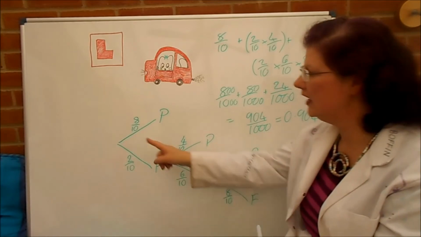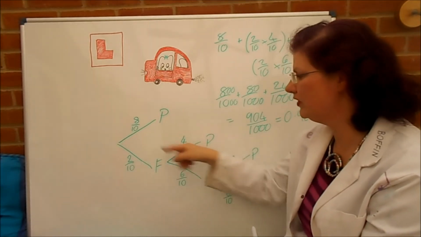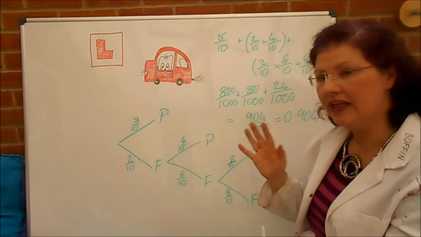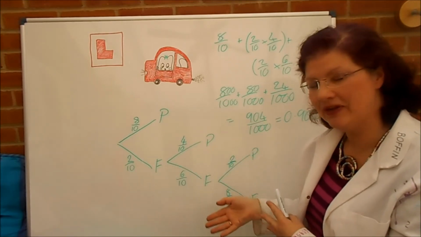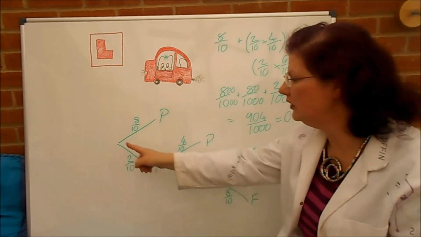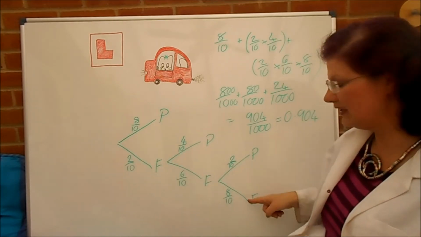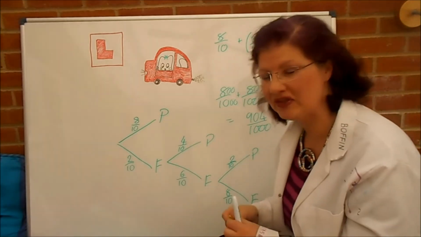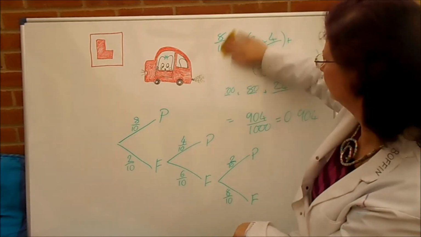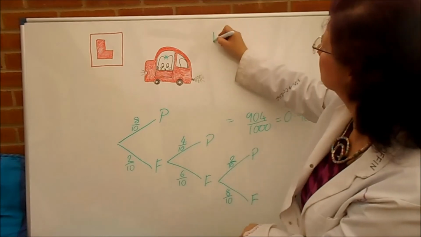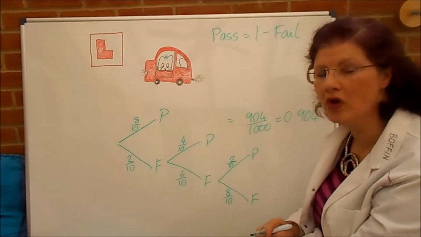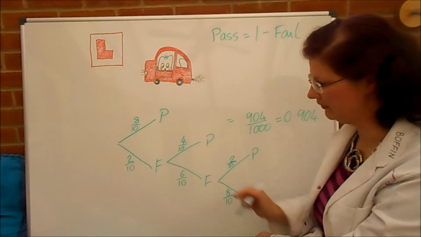That's one way of doing it, by saying it's this route or this route or this route. There is another way. Passing means anything except failing. To fail, you'd need to go fail and fail and fail. So I'm just going to wipe off this top bit and then show you a slightly shorter way of doing it. Okay, the probability of passing is 1 take away the probability of failing.